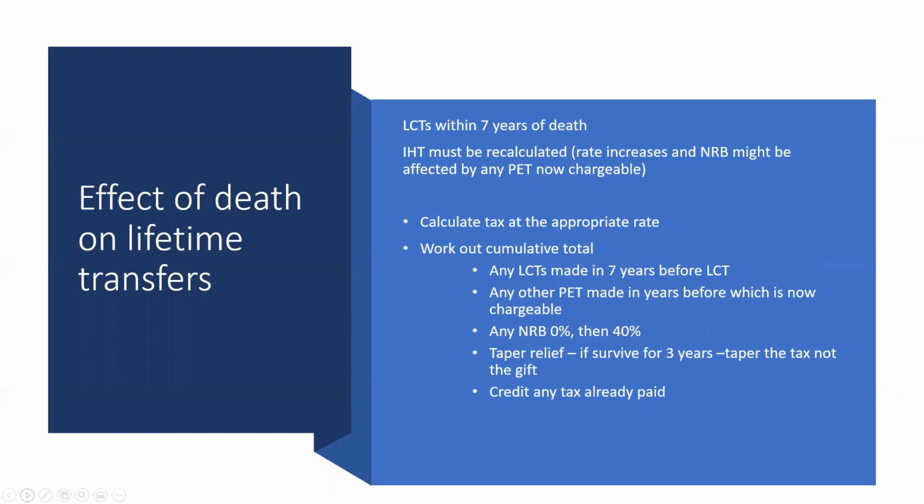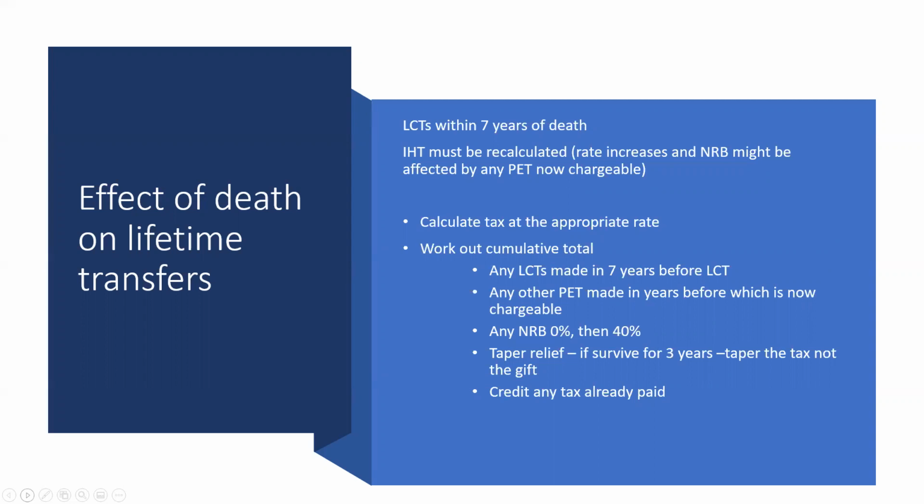Here you've got to recalculate it. You already paid inheritance tax when they made the gift, but you've got to recalculate it now because, first of all, it could be that the nil rate band, you might have used it when you calculated the tax due on that lifetime chargeable transfer at the time it was made, but something might now have jumped in and eaten up that nil rate band.